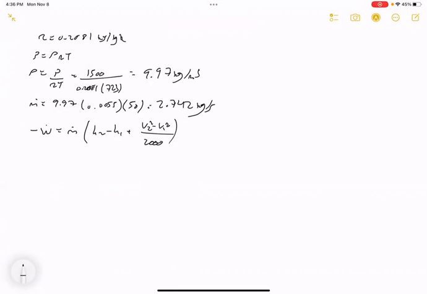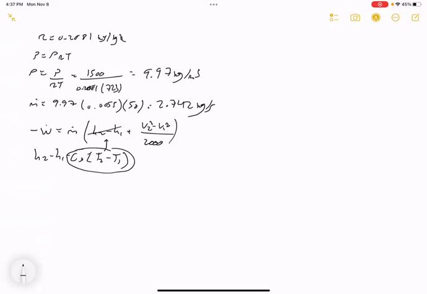Now, only thing is, we don't have property tables for argon, so we don't really know H2 minus H1, but we know that in any case, we have the relation that H2 minus H1 equals CP times T2 minus T1, right? This basically comes from the definition of CP. So with this in mind, we can substitute this instead of H2 minus H1. And if we know T2 and T1, then we're good to go.